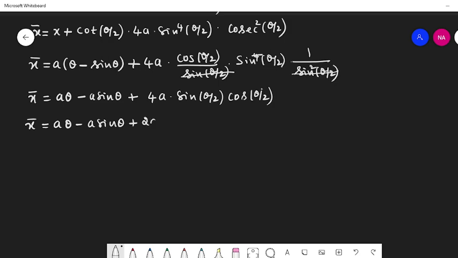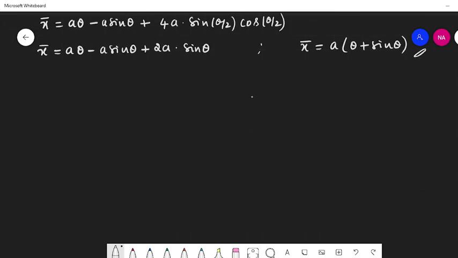So 2a into 2 sine of theta by 2 into cos of theta by 2, that is sine theta. So x bar equal to a theta minus a sine theta plus 2a sine theta, that is a times of theta plus sine theta. So I got x bar.